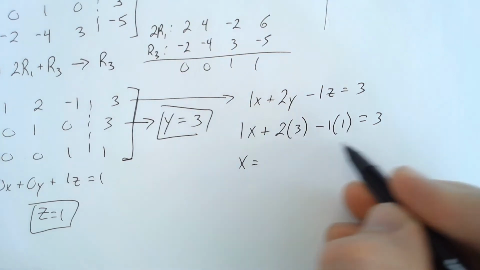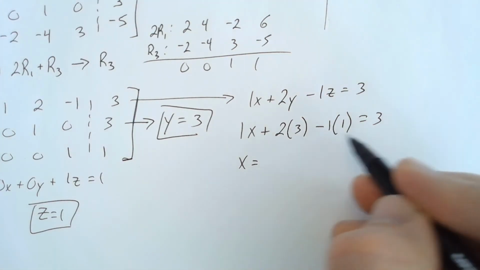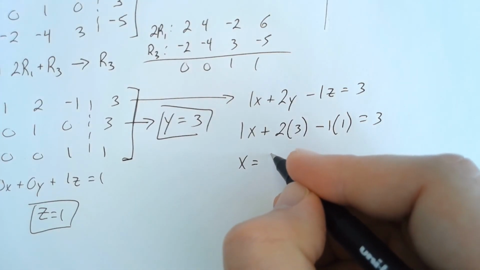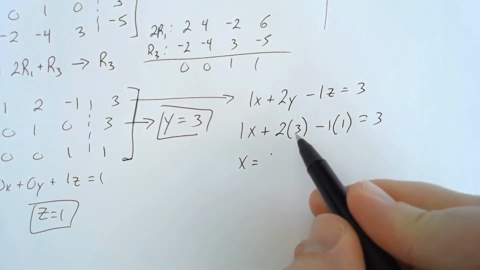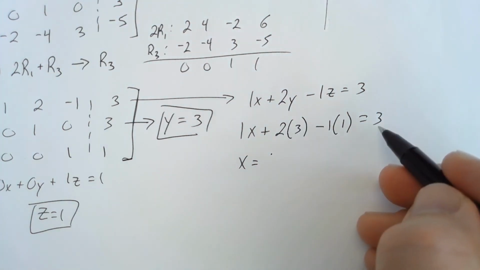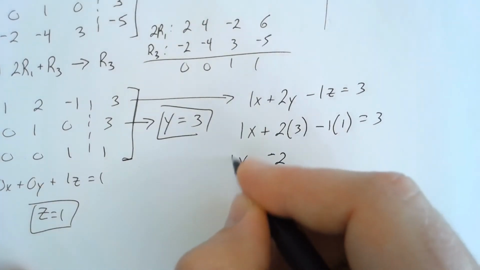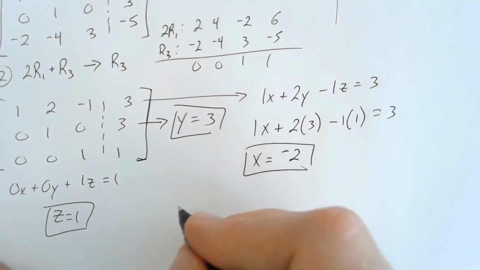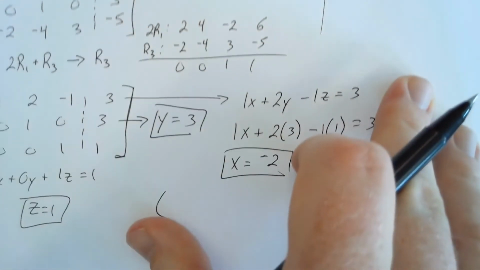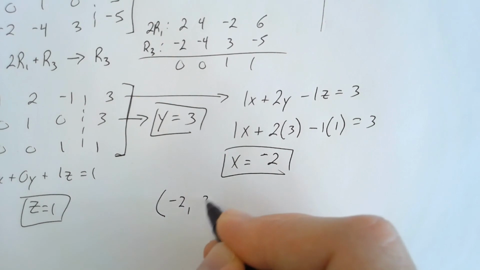Subtracting 6 gives me negative 3. Adding 1 gives me negative 2. So I get x equals negative 2, and therefore my solution in the x, y, z coordinate system is negative 2, 3, 1.